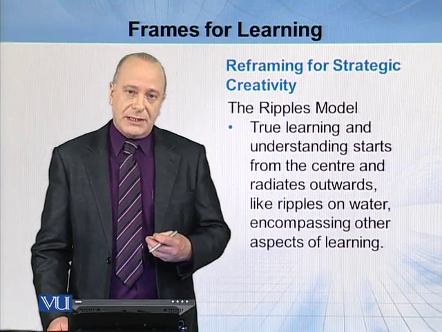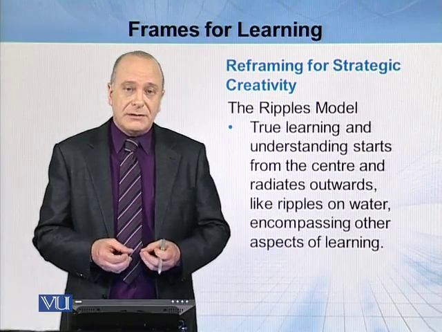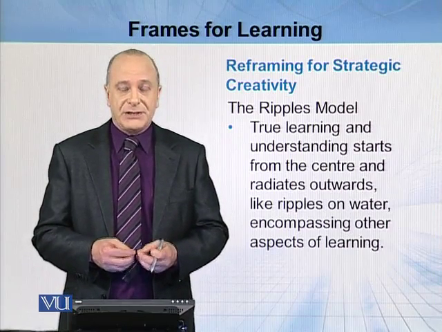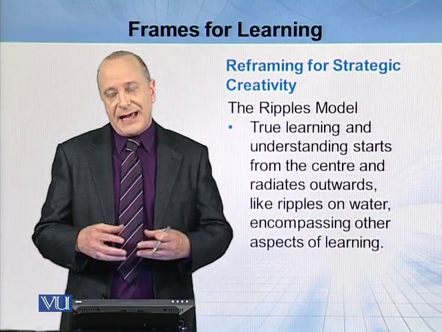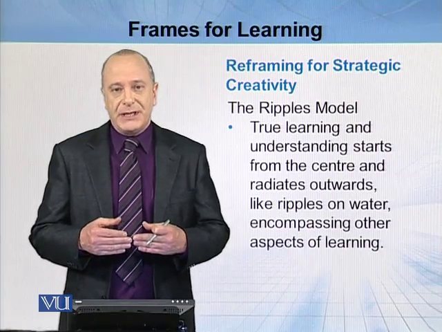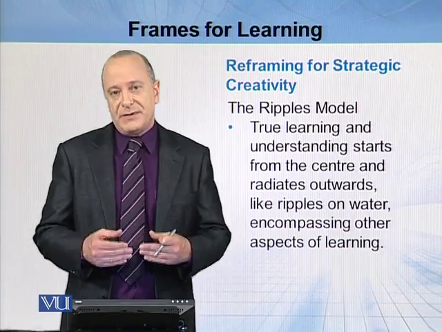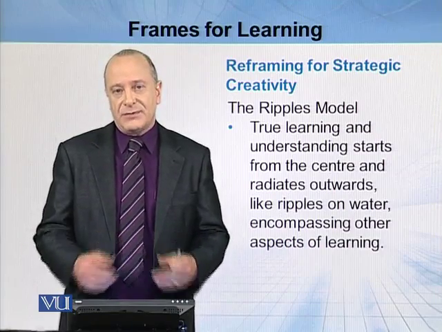And therefore, in terms of the Ripples model, real learning for the reflective practitioner begins at that center point and radiates outward like ripples on water through very specific stages of understanding and skills development.